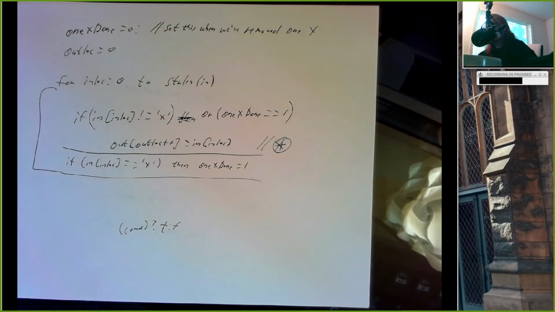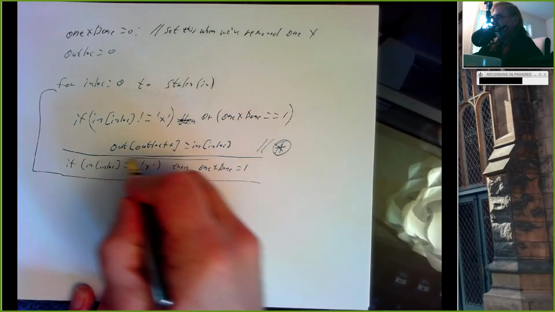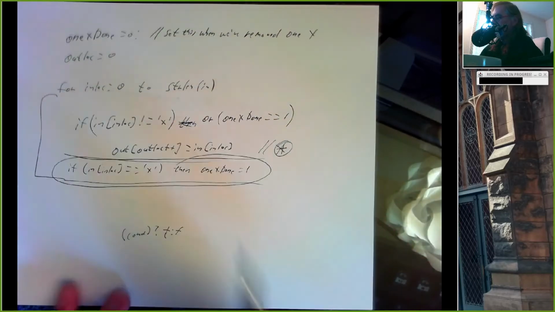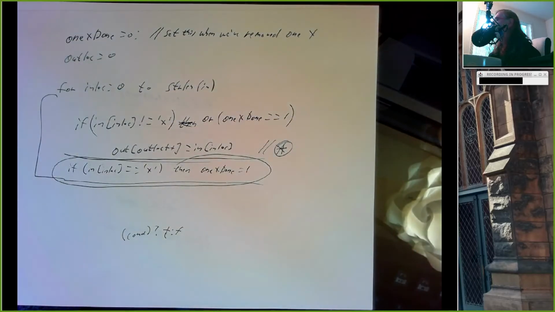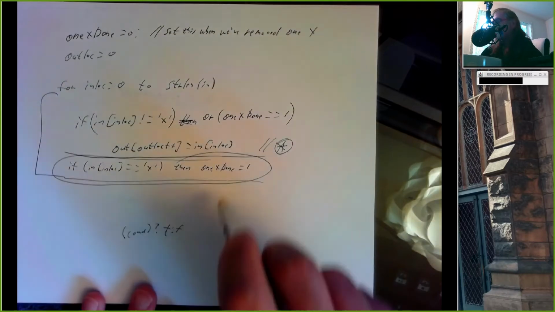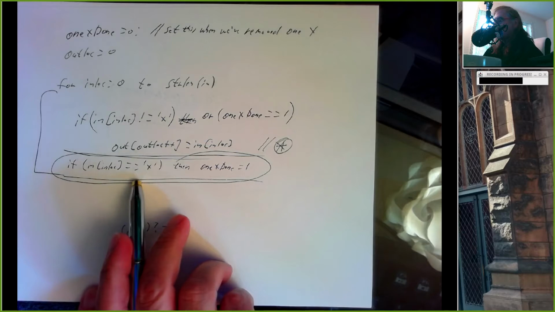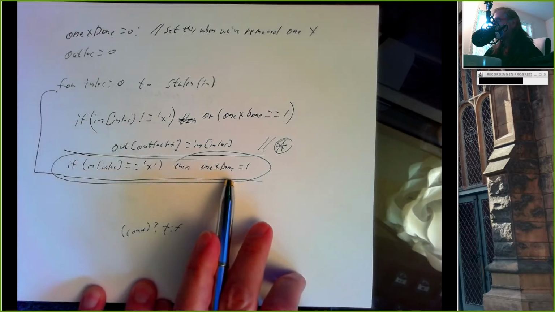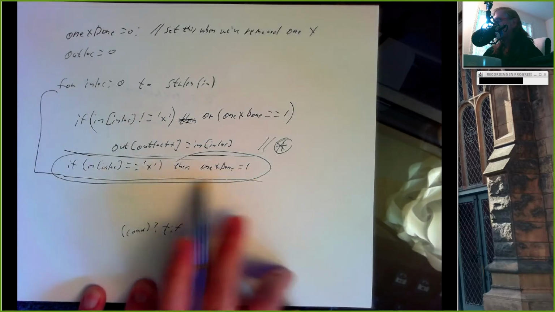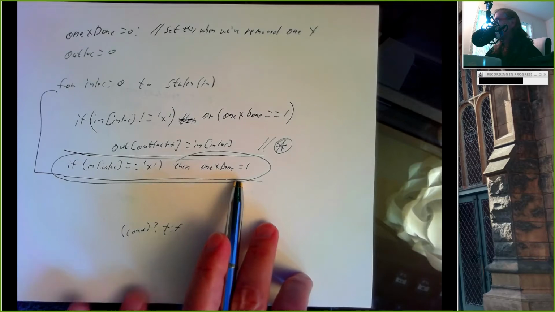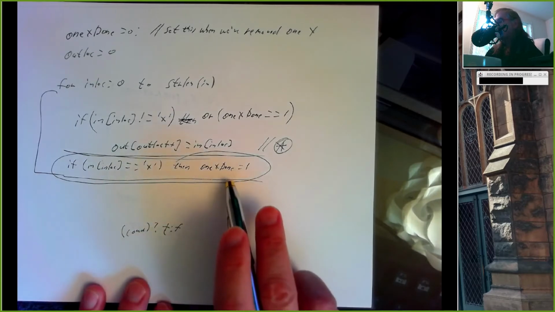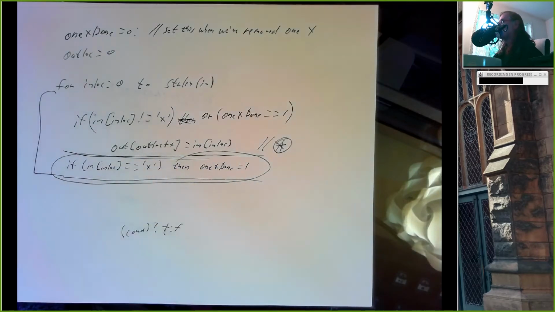So be careful with this. Someone's asking about using a ternary operator. What we don't want to do is say if this character is an X, set X done equal to 1. Otherwise, set it equal to 0. That's not what we're after. We want to set it to a 1 the first time we encounter an X, and we want to leave it at a 1 for the rest of the function, right?